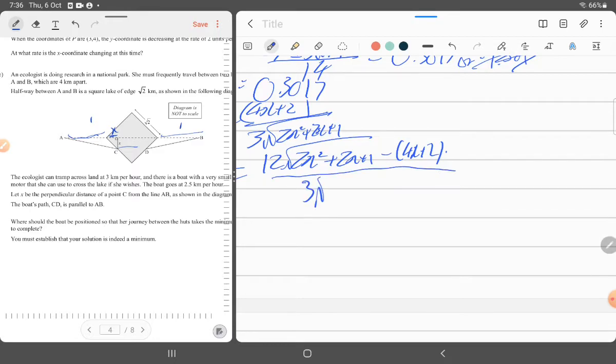Let me just, 2x plus 1 all squared. Derivative of that, oh no, it's going to be times 4x plus 2.